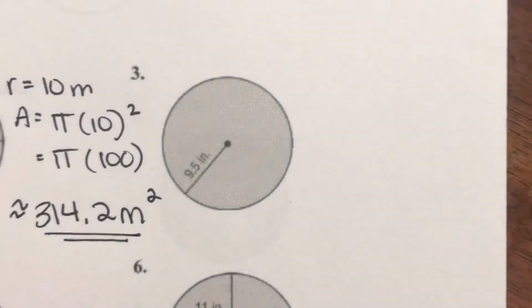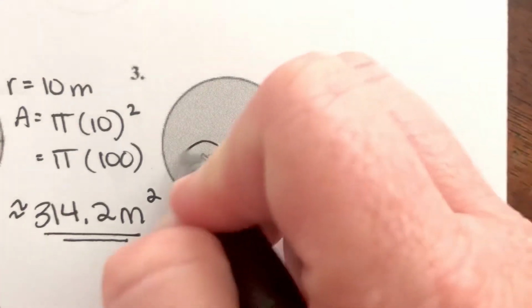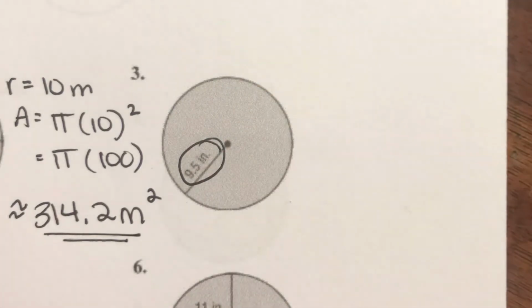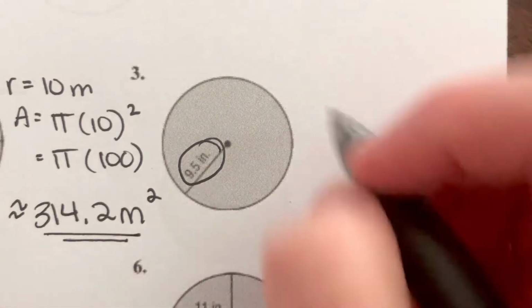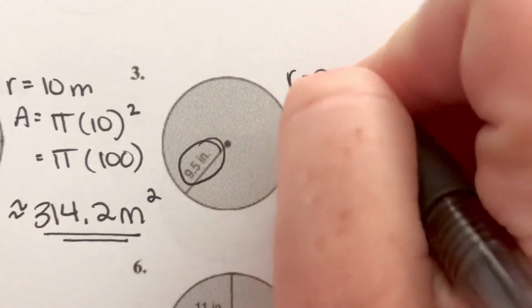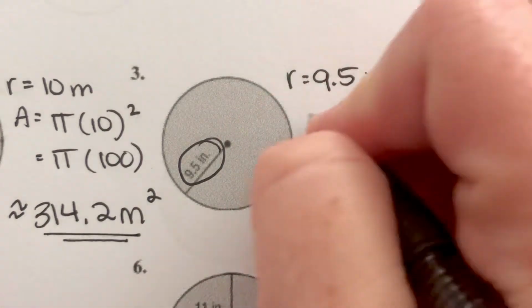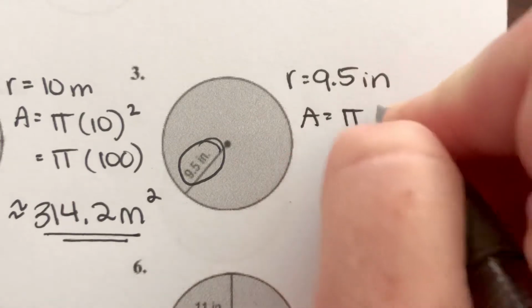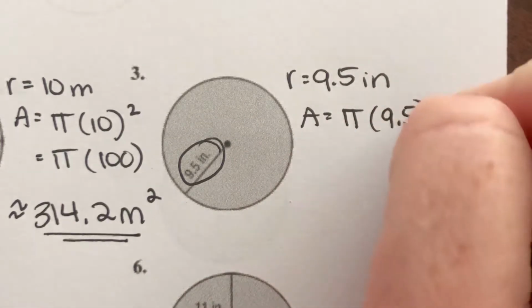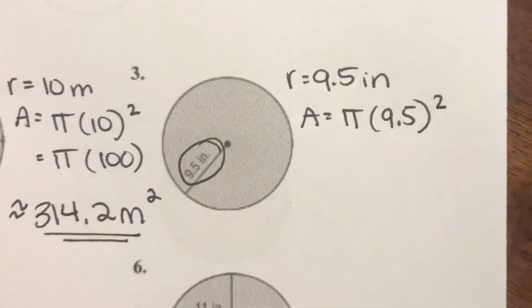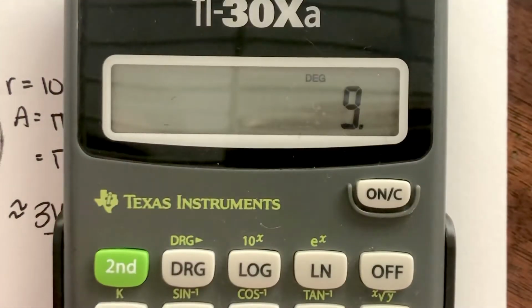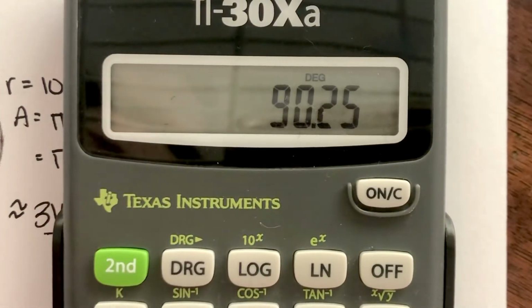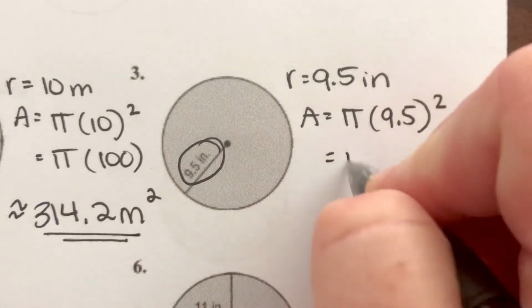Okay, next one. Here we have the radius. It's just halfway out from the center out, and it's 9.5 inches. So radius equals 9.5 inches. Area equals pi times the radius squared. So then I want to square the radius. 9.5 squared is 90.25.